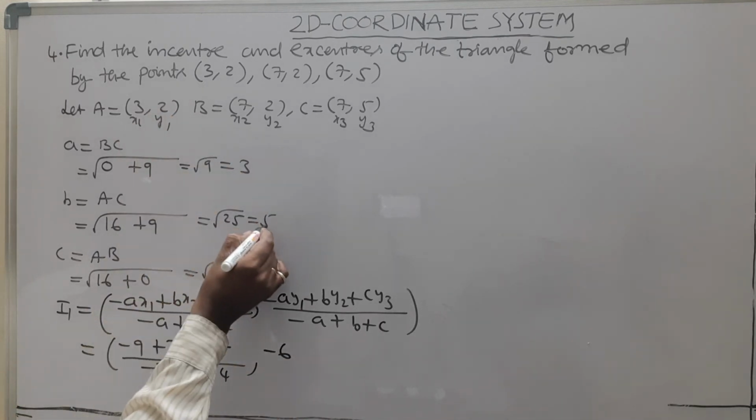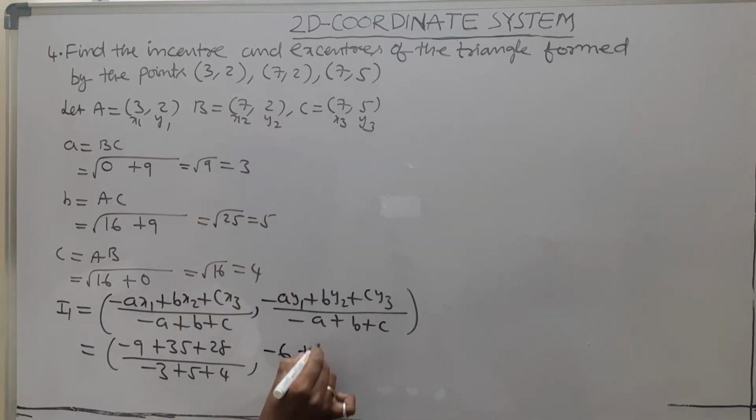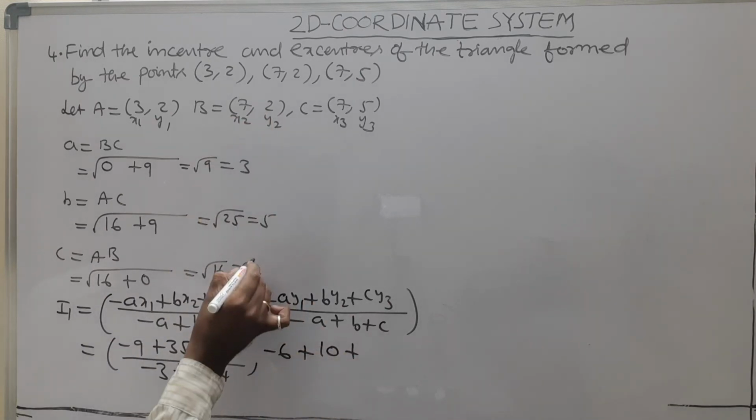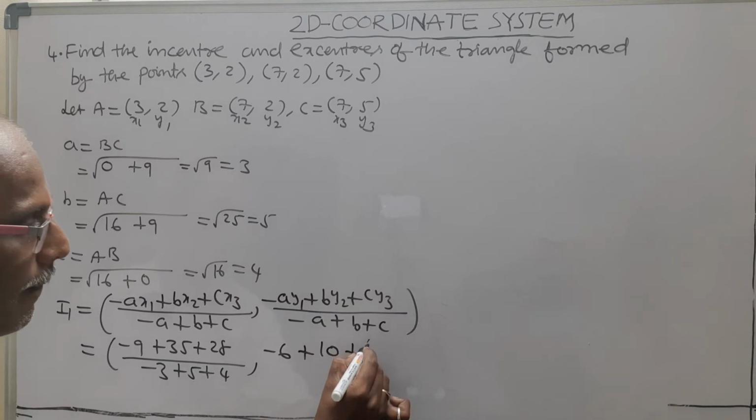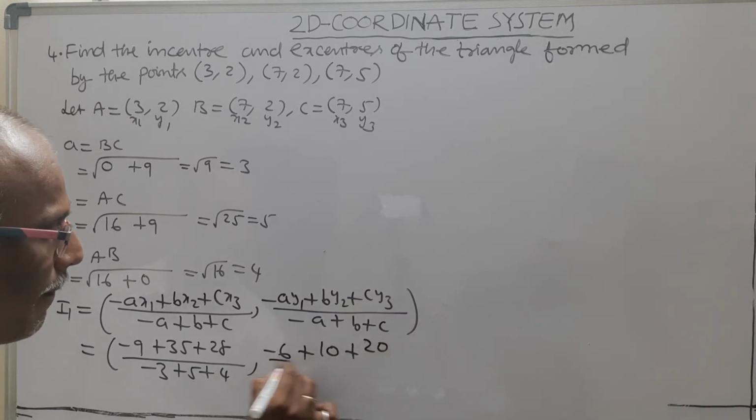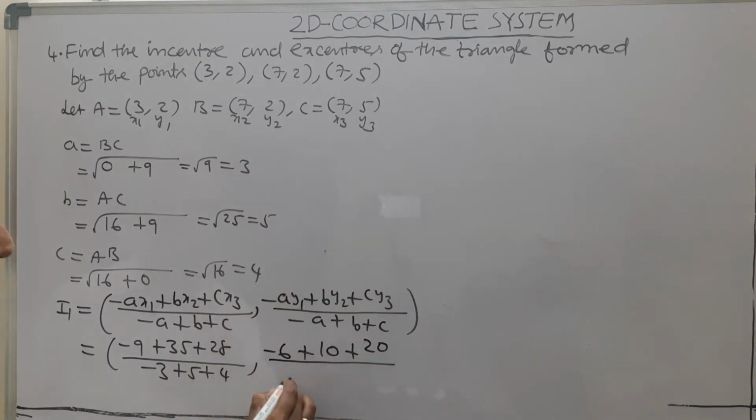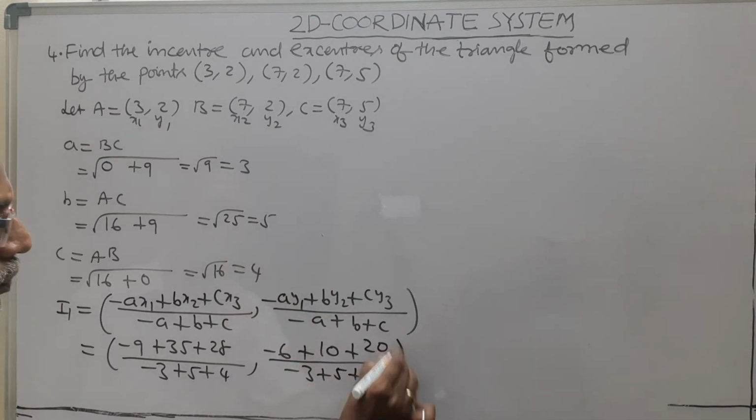B y2, 5 into 2 is 10, plus C y3, 4 into 5 is 20, by minus 3 plus 5 plus 4.